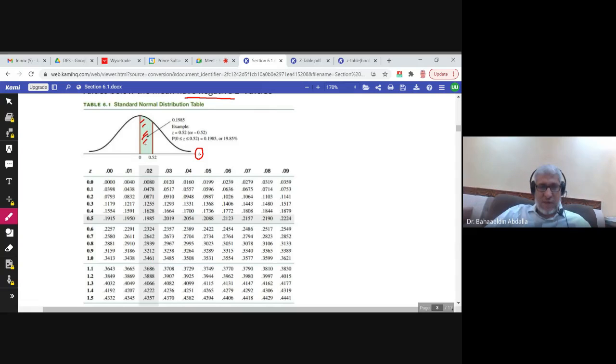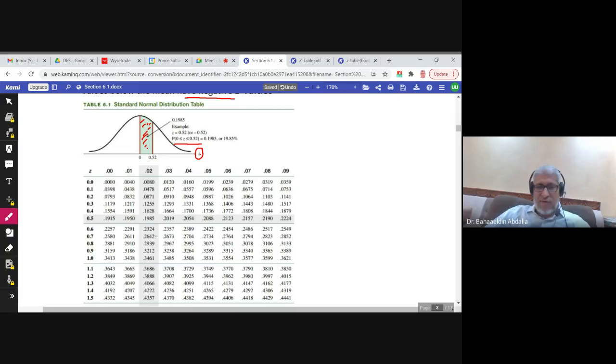What is this? This is the area between 0 and 0.52. So this is the probability. Area is the probability. The probability that Z is between 0 and 0.52. So this, the green, is the area between 0 and 0.52.